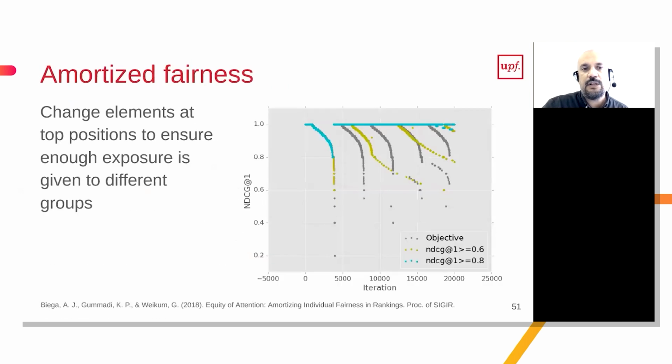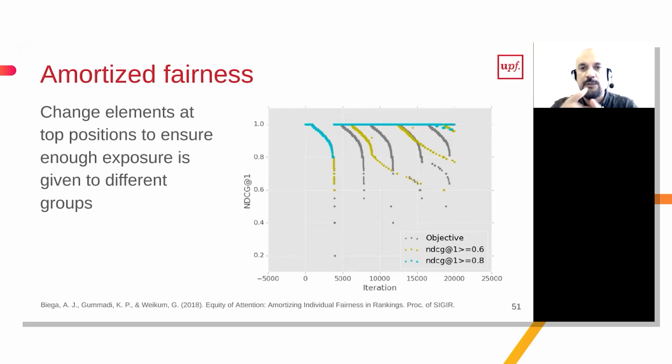This is all about, and you may even want this in an amortized sense, which means that across many queries, you may not be able to balance the results for every query, but you may be able to balance the results for every day, so that in a given day, people have issued many queries, and at the end of the day you have given a sufficient exposure to people of different groups.